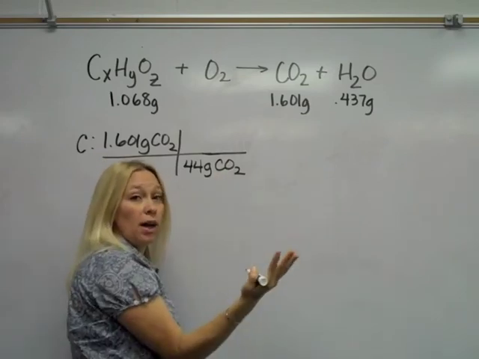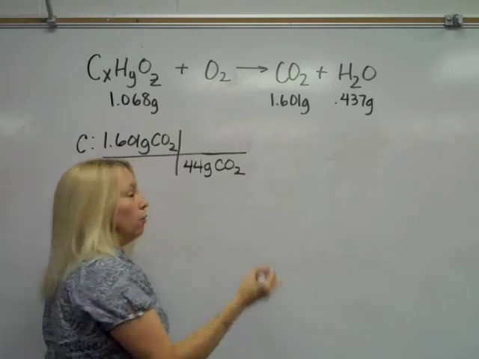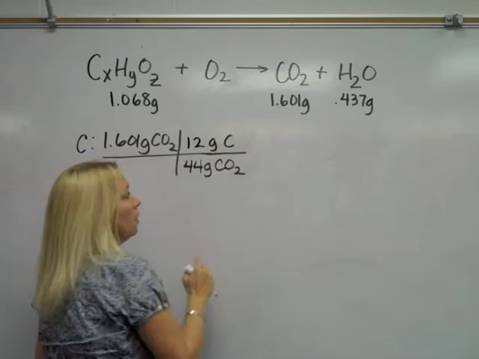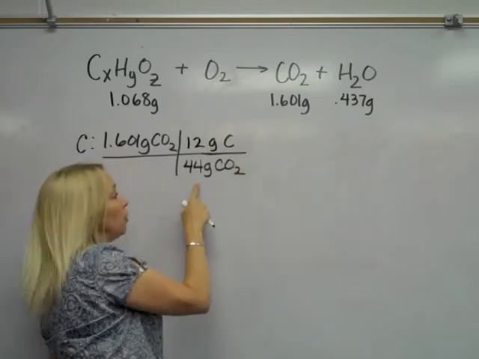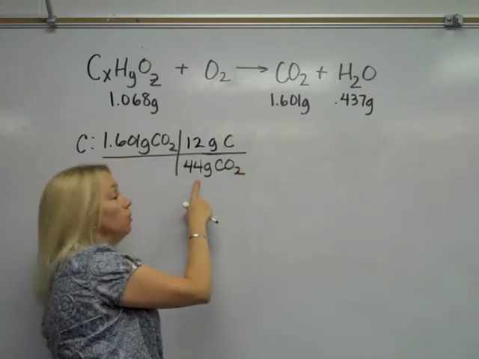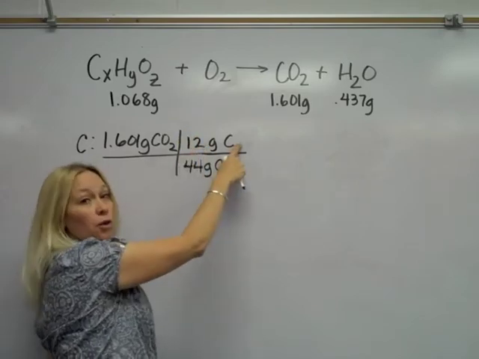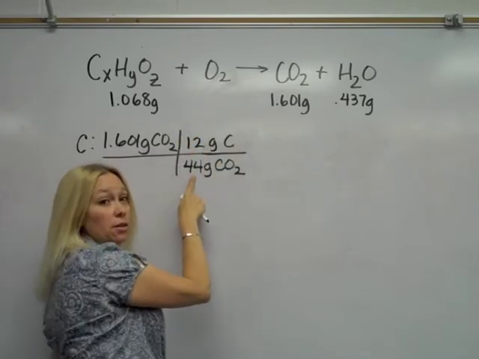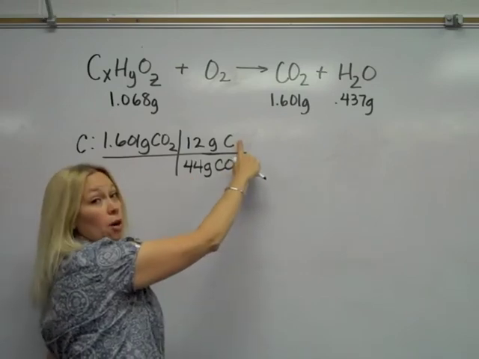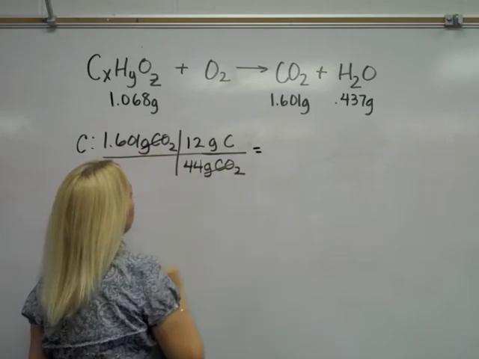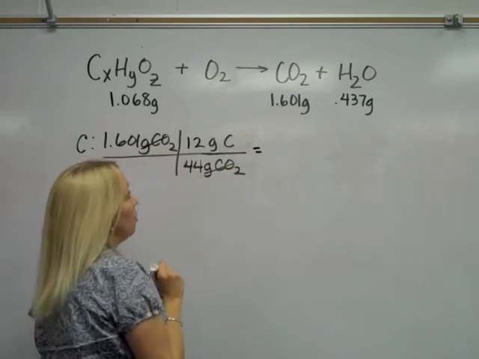Well, what's the molar mass of carbon? 12. So stick 12 in there. This is a ratio that tells you for every 1 mole of CO2 that weighs 44 grams, you would have 12 grams of carbon. That's the molar mass of the CO2. That's the molar mass of the carbon. Okay. That'll cancel, and now we should have our mass of our carbon.